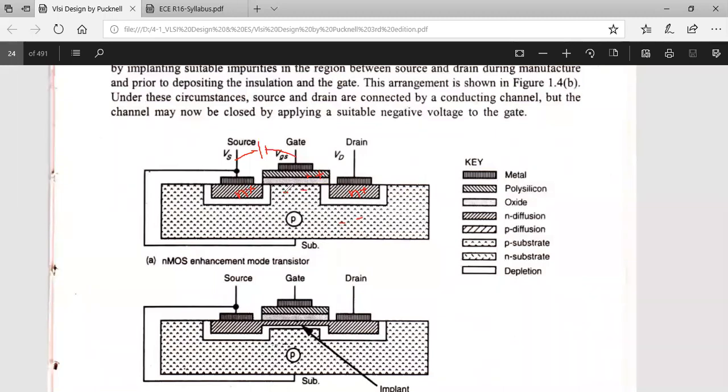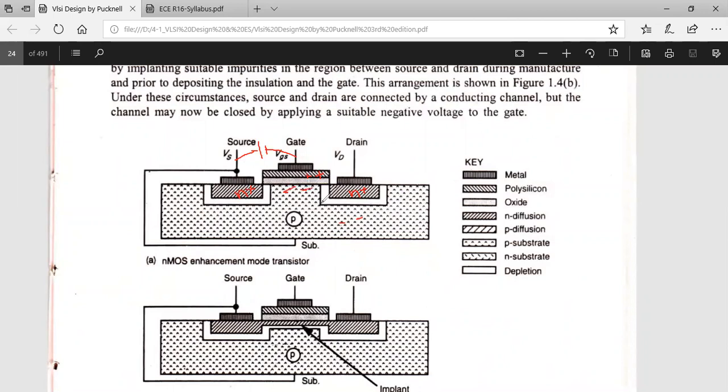You can observe the difference, right? I am applying a slightly positive voltage, so the free electrons in the p-type substrate started moving under the gate. That means a very small amount of electrons will be present here, which is why I have indicated only 2 dots here.